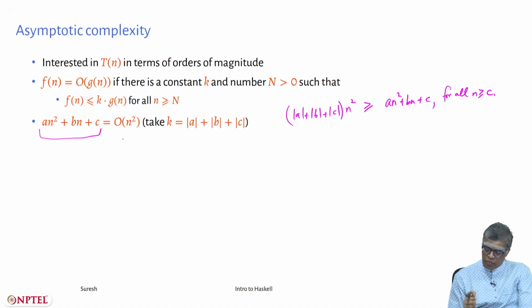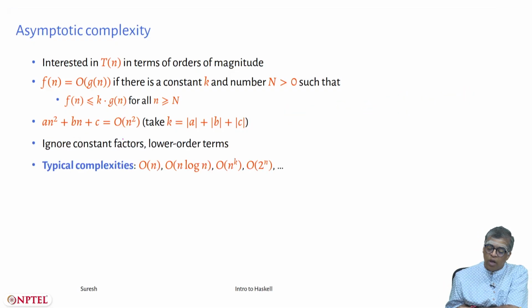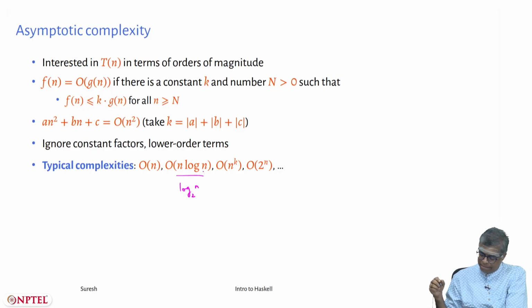Okay. That is the point. The typical complexities that we will be looking at will be things like order n log n, order n to the k, order 2 to the n, etc. And when I say order n log n, I mean log to the base 2 of n.